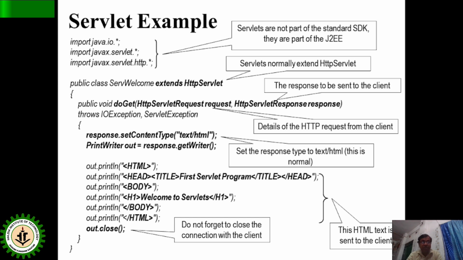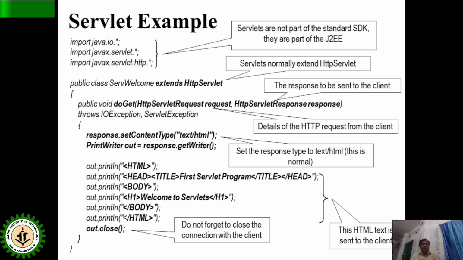Then response.setContentType to HTML, and PrintWriter out gets response.getWriter. Then output the HTML, title, and body, and after that it closes the connection.